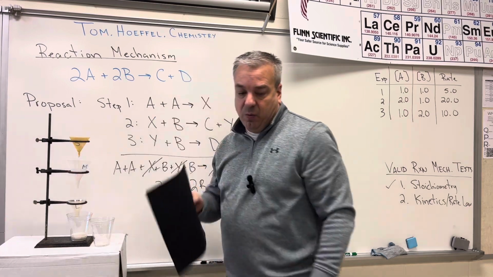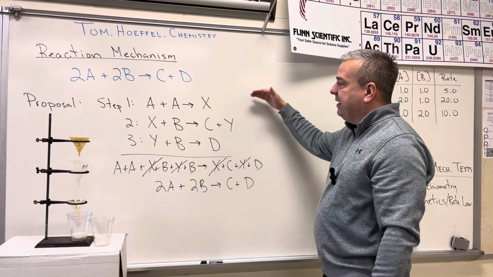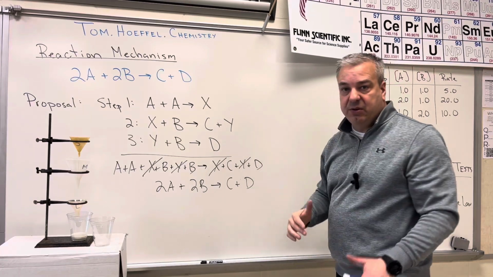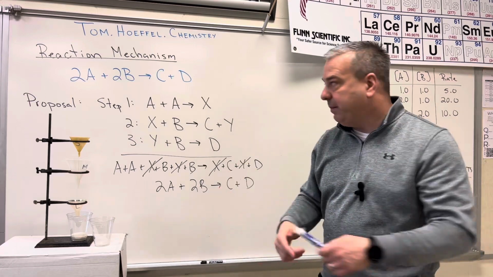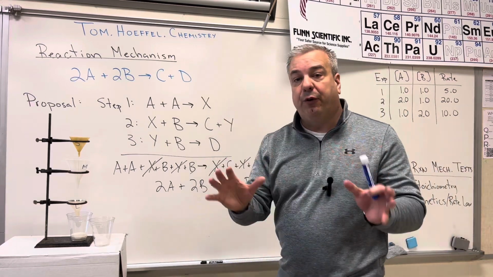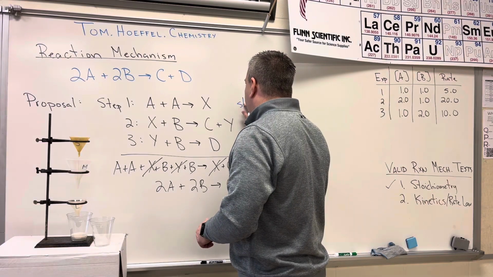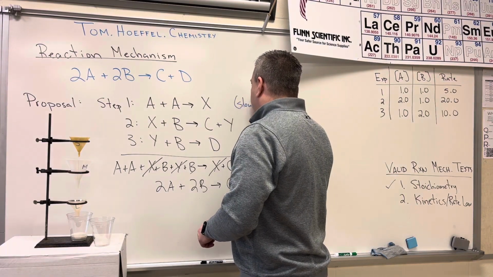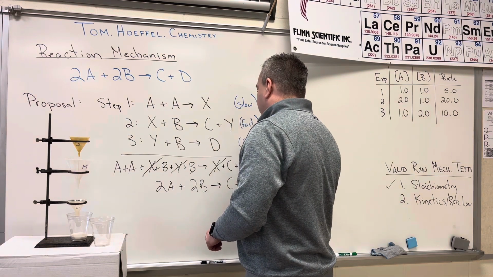So what we need in our reaction mechanisms is to identify which one is the slow step, or the rate determining step. And for our first problem, we're going to pretend that the first step is slow. So we're going to call this the slow step, and if that's slow, by default, we call the other two fast.